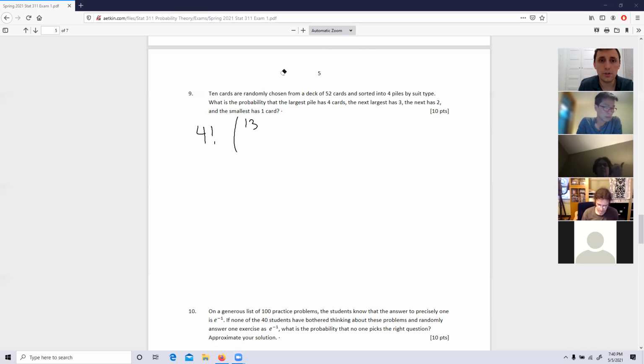So 13 choose 4 cards that went to 1 suit.